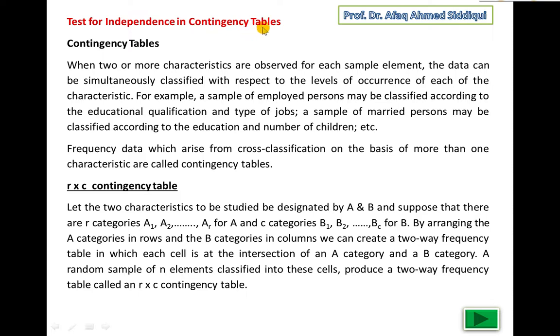So what are contingency tables? A contingency table is similar to a frequency distribution table. But what is the difference between a frequency distribution table and a contingency table?